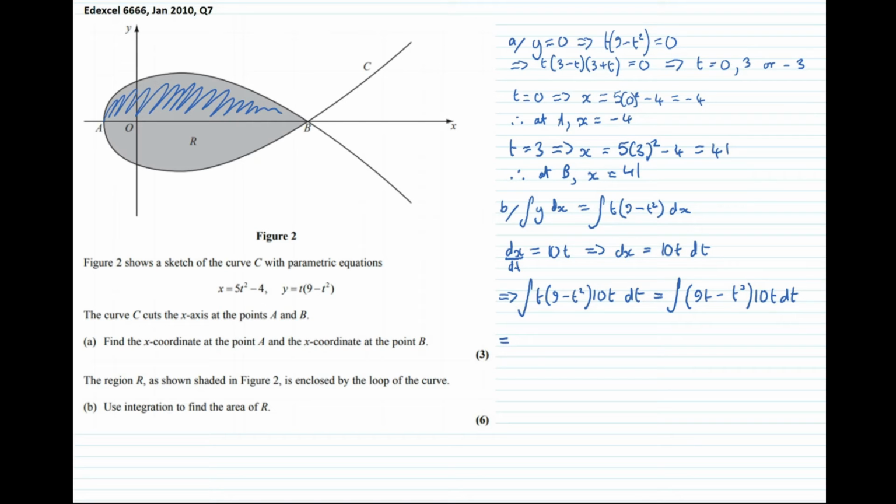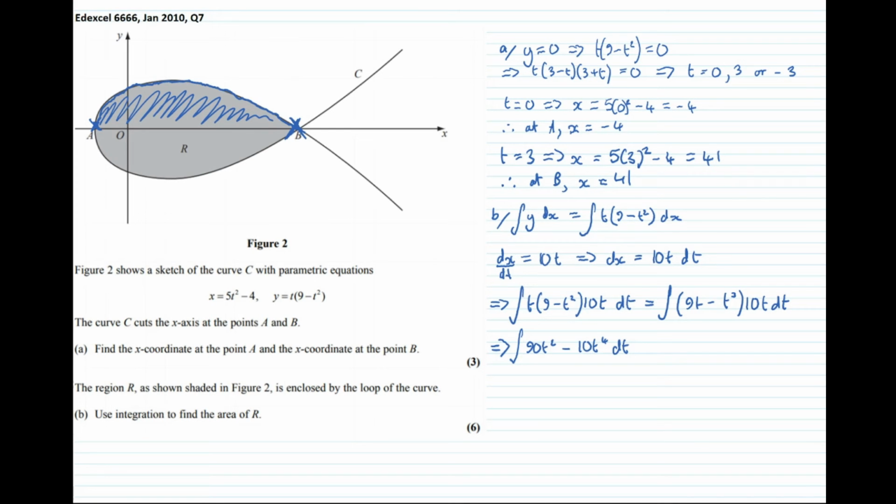Which is equal to, again multiplying out the brackets, the integral of 90t squared take 10t to the power of 4 dt. And now we need to put the limits in. So now looking back at the diagram, we saw that when we were at the point A, the t limit was 0.